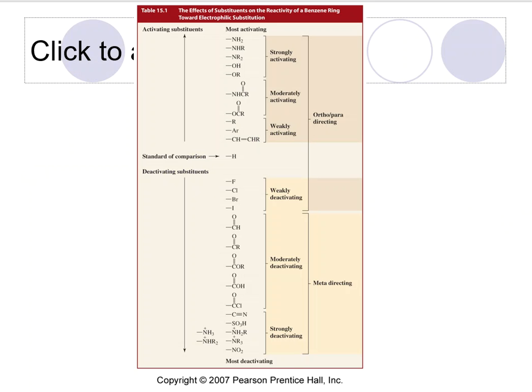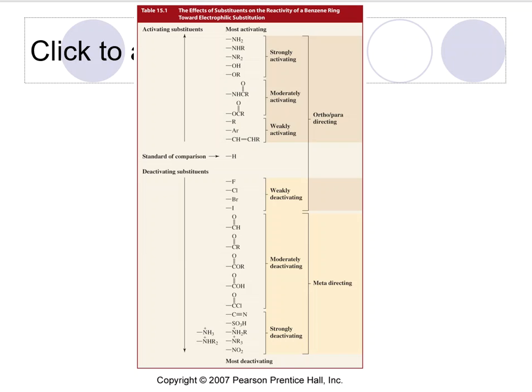Here's more of a chart that shows a number of different functional groups that we have worked with up to this point. And this chart's pretty important. I'm not going to tell you to memorize the chart. I actually do not want you to memorize the chart at all. You're going to be able to use this chart when you have to. But I want you to understand what the chart is trying to tell you.